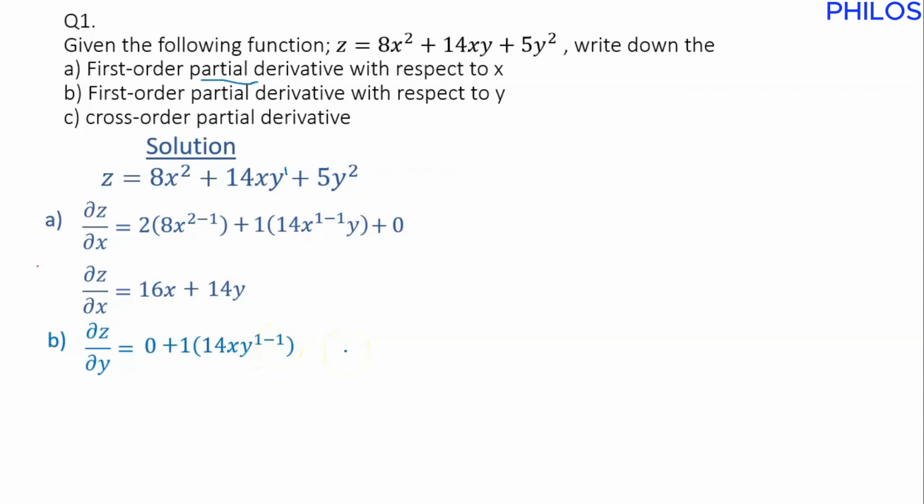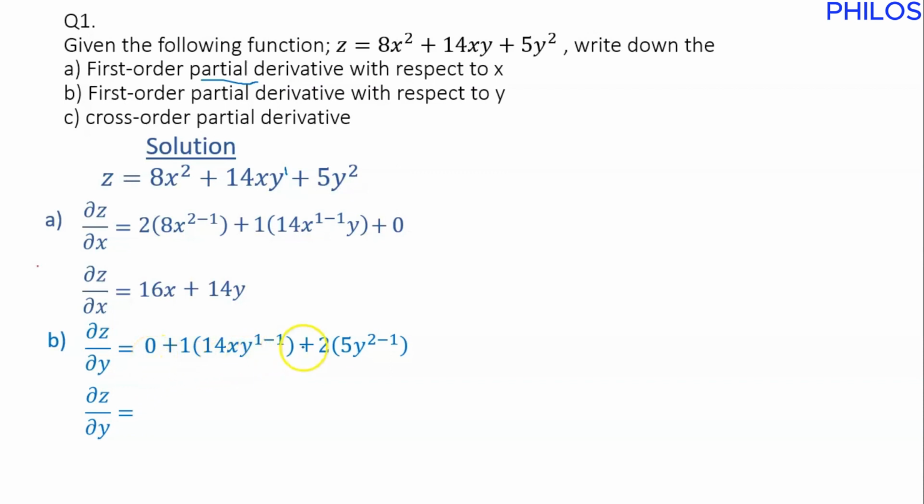Then plus, now there is y here also. So we multiply the whole thing by the exponent of y, which is 2, and subtract 1 from the exponent. So that will give us 2 multiplying 5y exponent 2 minus 1. Partial z partial y will be equal to the 0, we don't need to write it anymore.